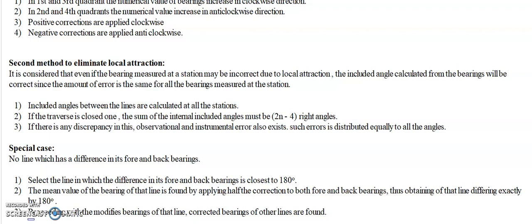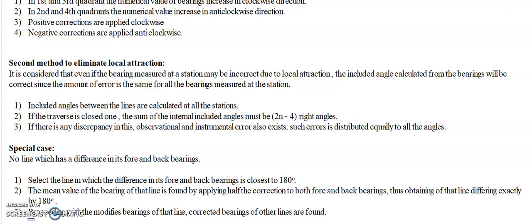So, this is true in case of closed traverse. If you know that it is a closed traverse, we can always consider that the included angles calculated are correct. Bearings may have an error, but the included angles will be correct.